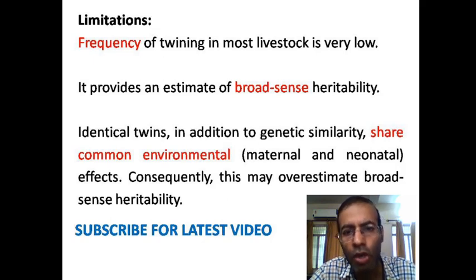The importance of broad sense heritability is very less than narrow sense heritability. Narrow sense heritability is important for estimation of genetic gain, for prediction of breeding value. Broad sense heritability has very limited use. So this is the second limitation.